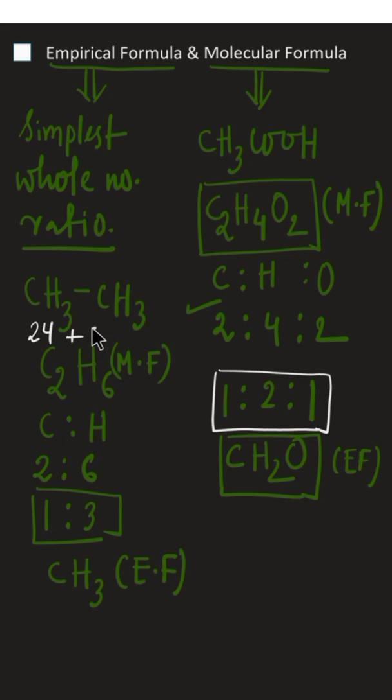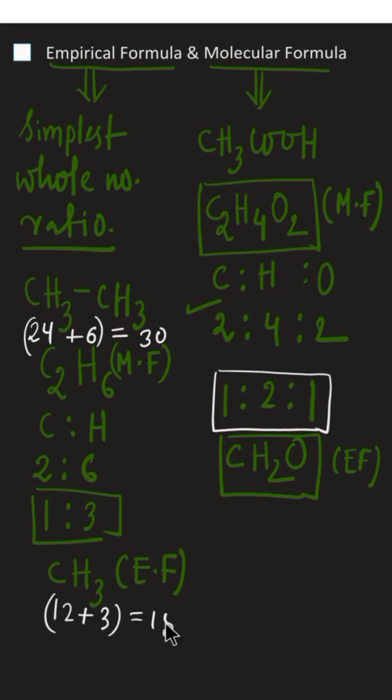So the molar mass in its molecular formula will be 30, right? In case of the empirical formula, carbon is 12 plus hydrogen is 3, that is 15.